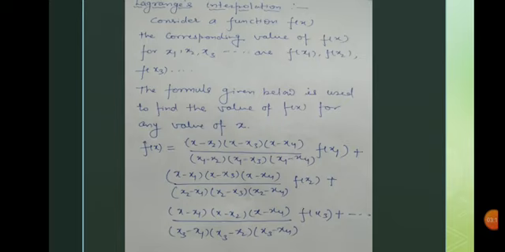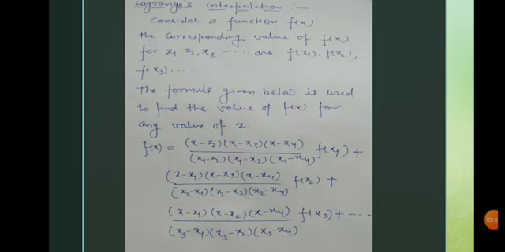So look at here, the formula: f(x) is equal to (x minus x2), remember that the term x minus x1 is not present here, (x minus x3)(x minus x4) upon (x1 minus x2)(x1 minus x3)(x1 minus x4) into f(x1).